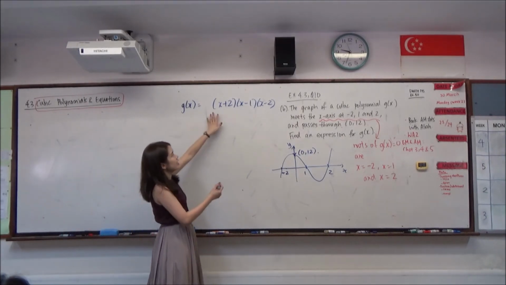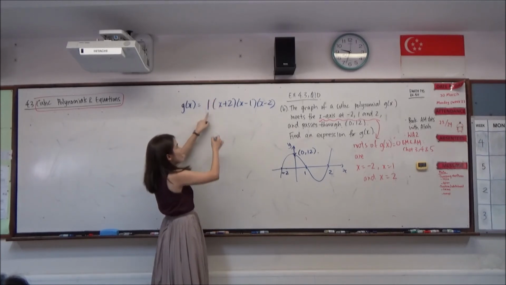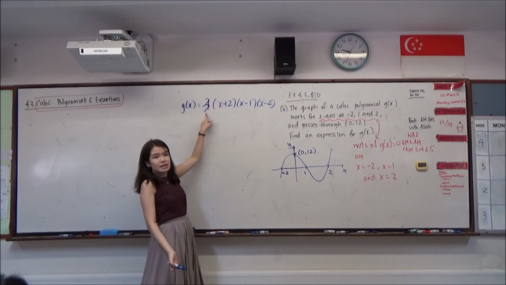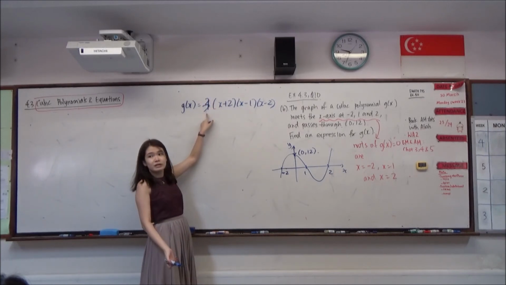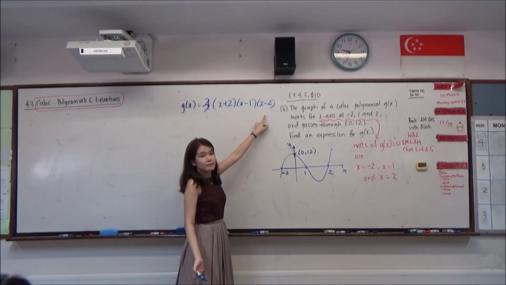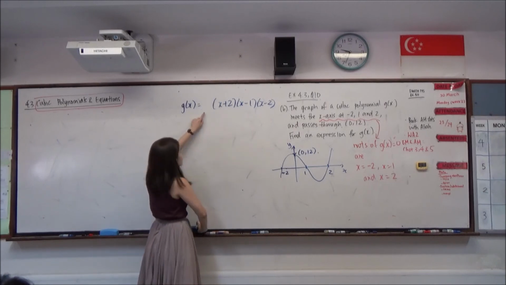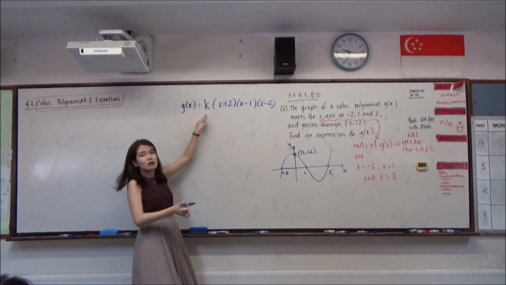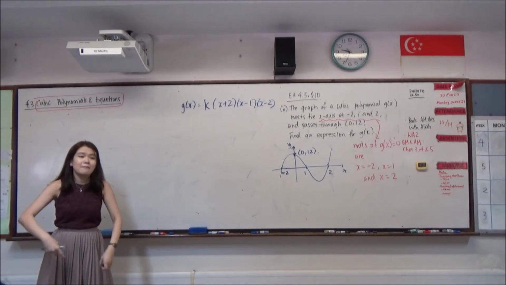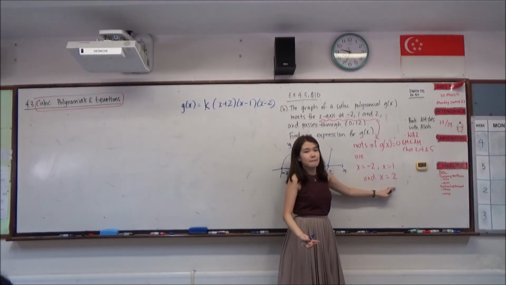Because I can have these 3 roots regardless of whether I have a 1 over here, -1, or -3. There are many numbers that I can put over here that will result in these solutions. Correct? So what exactly is this number here? I cannot assume that it is a value of 1. It can be any number that gives me these solutions.